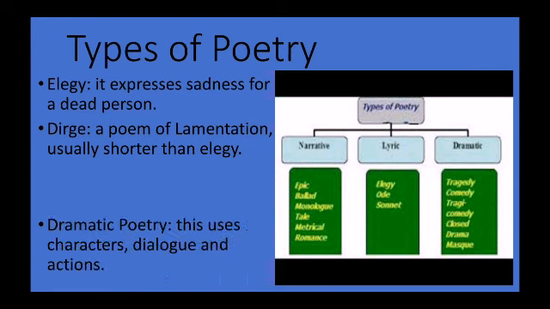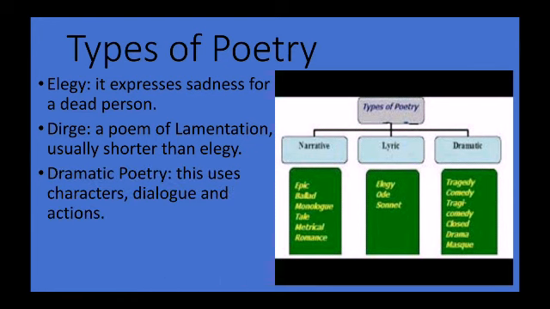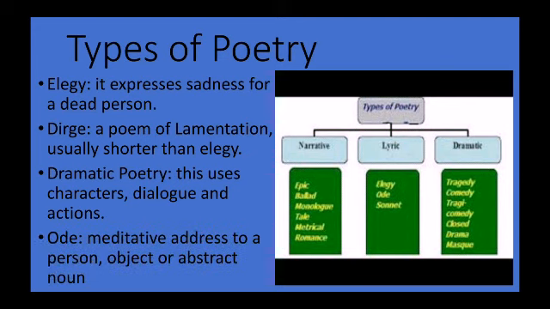Again, we also have another type of poetry, dramatic poetry. Dramatic poetry uses characters, dialogue, and actions. It is written as if it's a drama, with the poetic persona's dialogue within the poetry. Another type of poetry is ode. Ode is usually an address to persons, objects, or things.